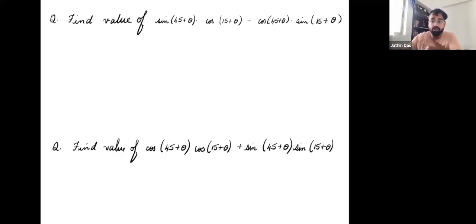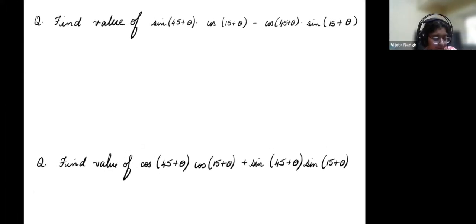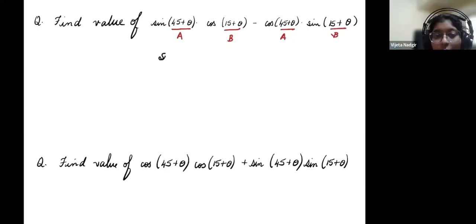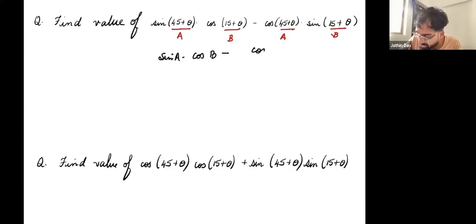Are you splitting it? No, sine 45 cos theta plus cos 45 sine theta, no. Don't do that. See, this is A, this is B. It is sine A minus B, direct, it is in that form. We just need to identify that form.